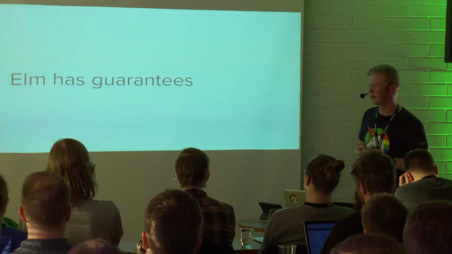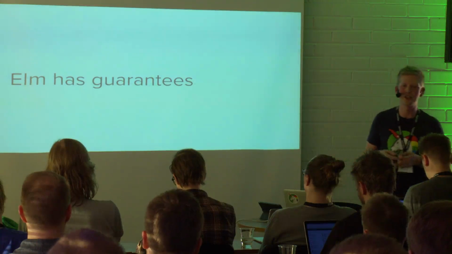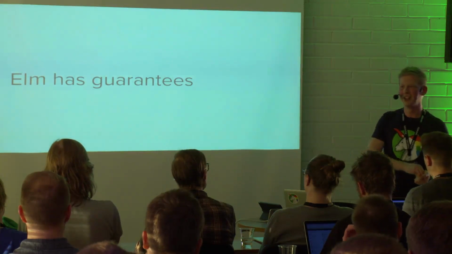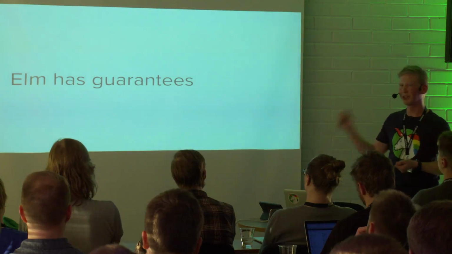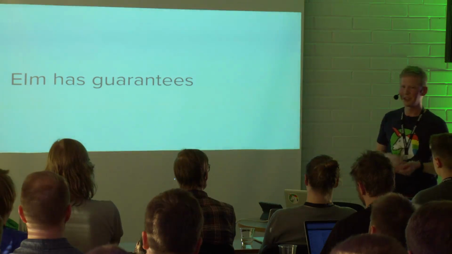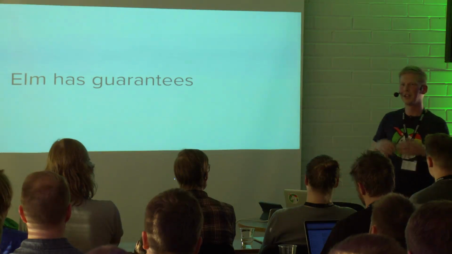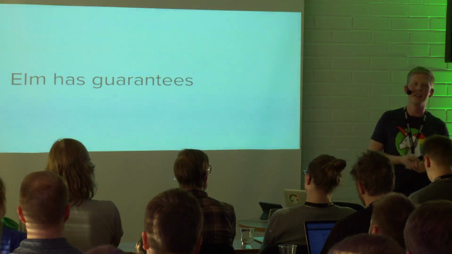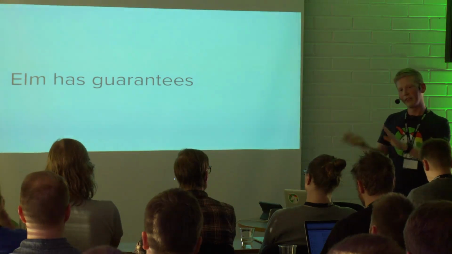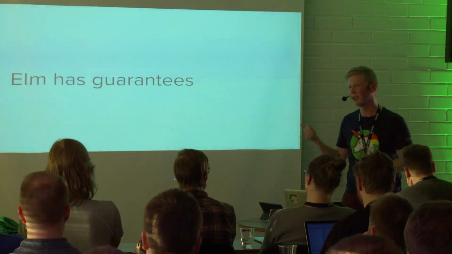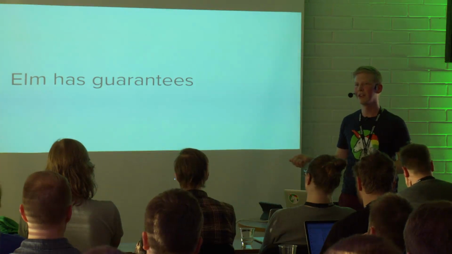Actually, the only ways to make an Elm application crash are to use the debug.crash function or to blow the stack with endless recursion. In short, you just need to handle all the error cases that you might get in any given situation. You don't have null or undefined at all.